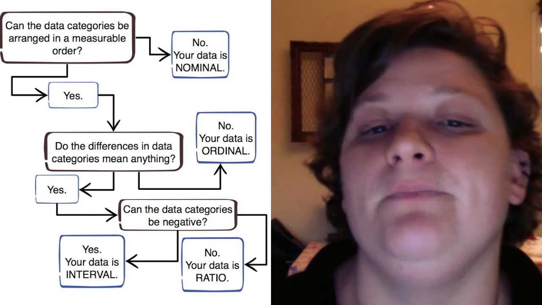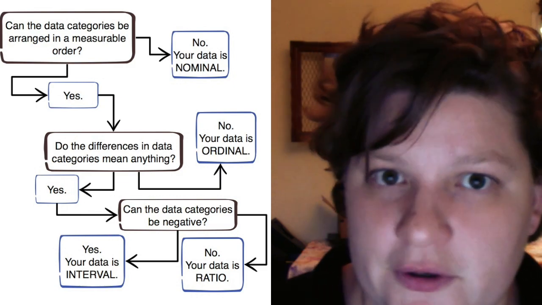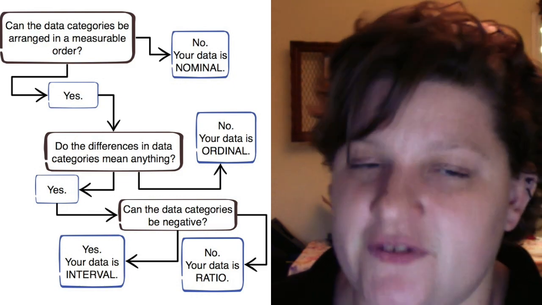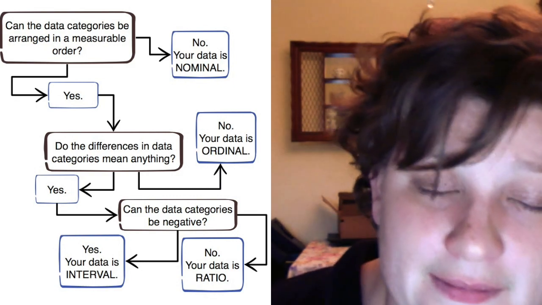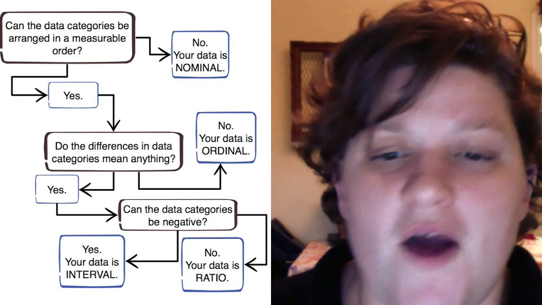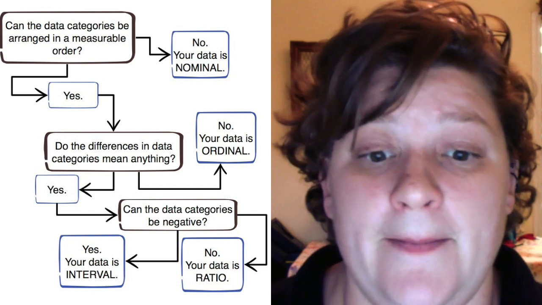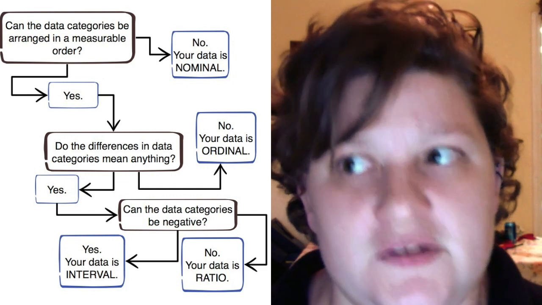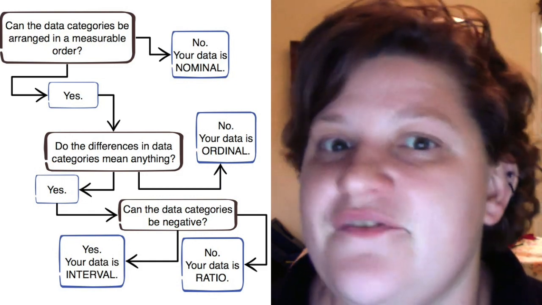Either way, looking at your list, your data can be arranged, put into a measurable order. 15 degrees is a lot colder than 90 degrees, and 90 degrees is hotter than 50 degrees. You've got that measurable setup. The differences do mean something. You can say that 90 degrees is a whole heck of a lot hotter, by an actual measurable amount, than 15 degrees.